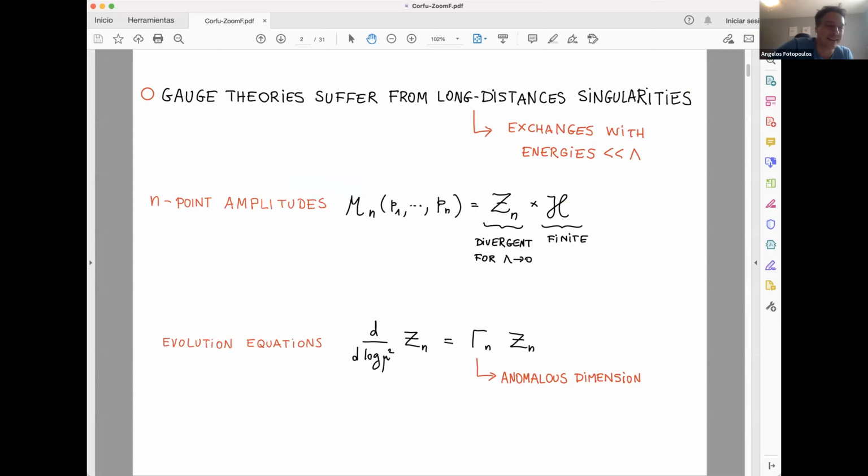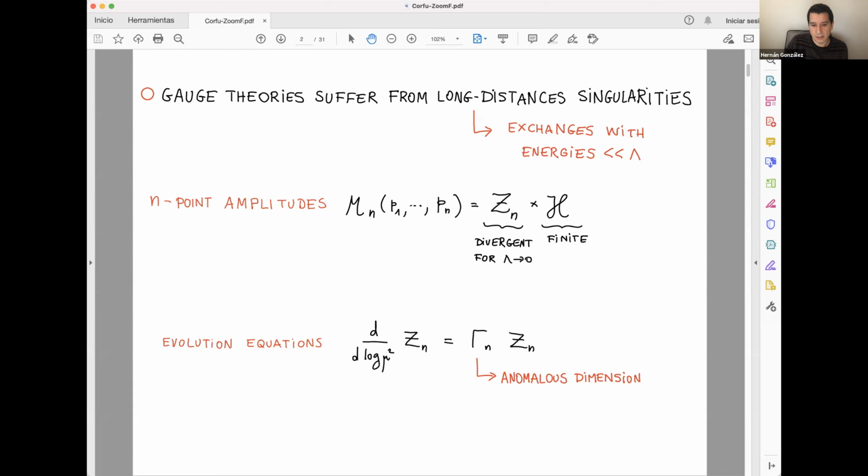Okay, sure, thank you. So what I was saying is that you have this factorized expression for the n-point amplitudes, let's say gluon amplitudes, and you have a divergent factor that, when you take lambda, the cutoff energy, to 0, becomes, of course, not well defined.